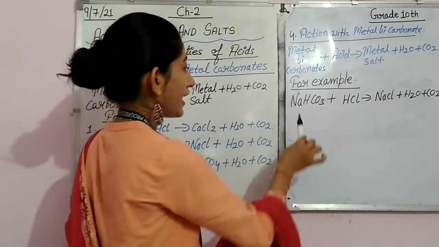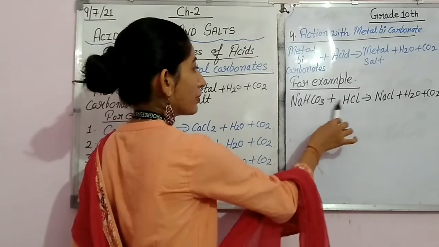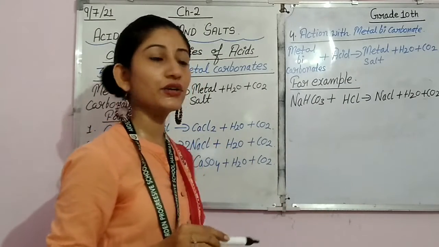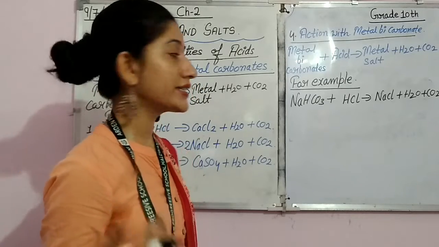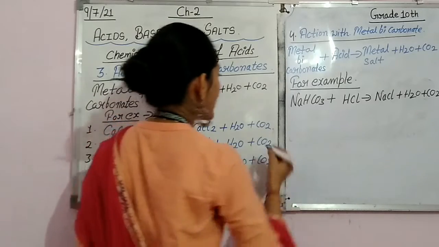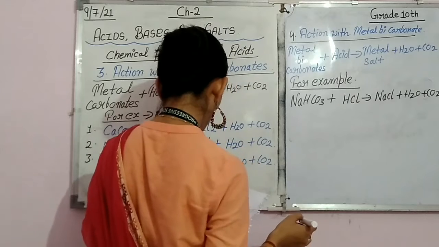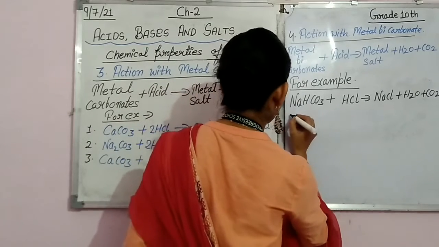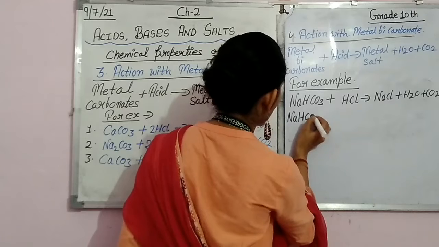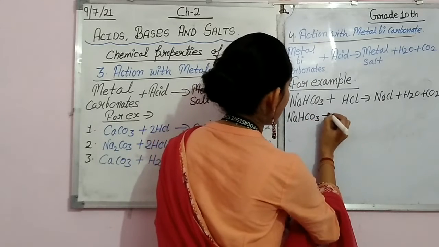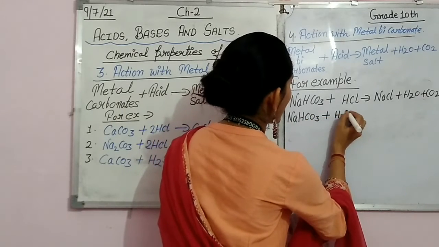So sodium bicarbonate plus HCl gives sodium chloride plus water plus CO2. We have seen how sodium bicarbonate reacts with HCl to form sodium chloride, water, and CO2 gas is released. Similarly, we have another example of metal bicarbonate: taking sodium bicarbonate again, this time we are reacting it with sulfuric acid.